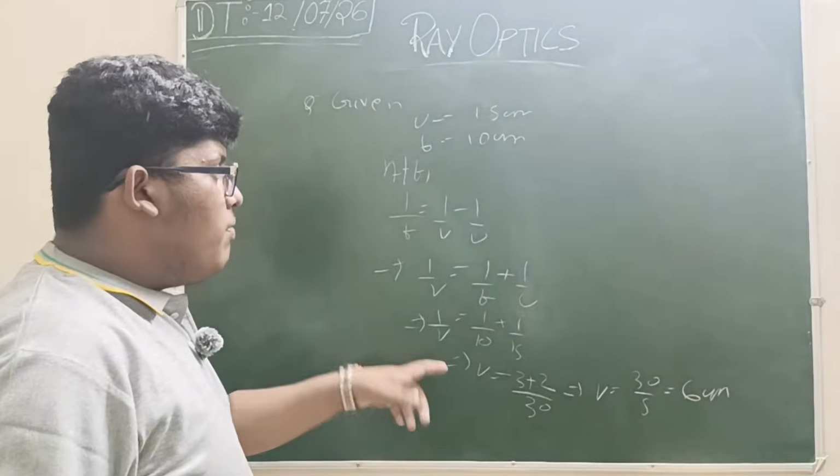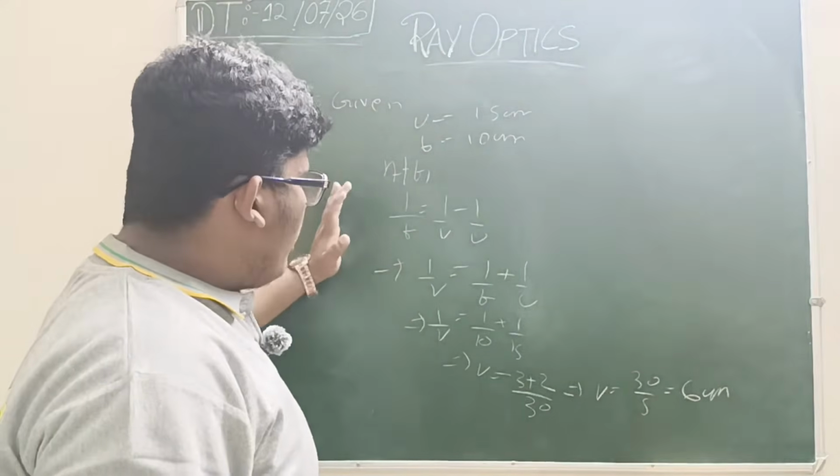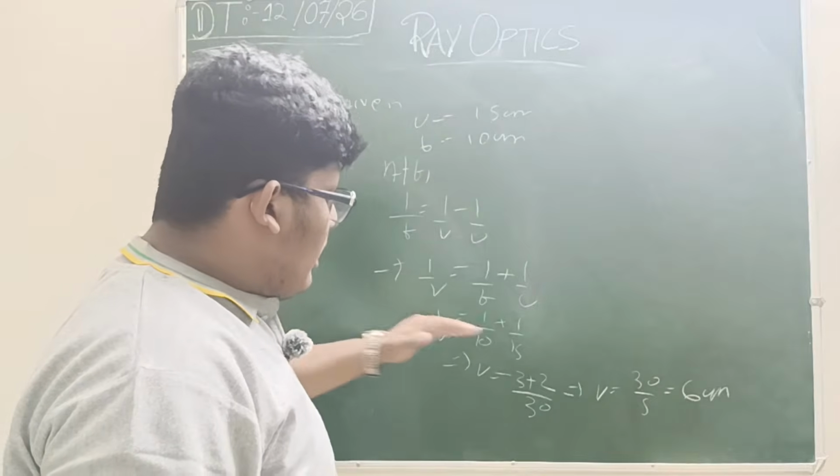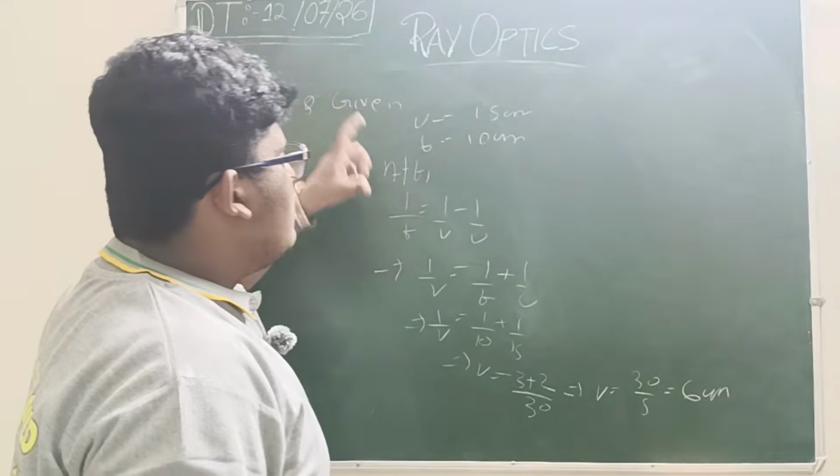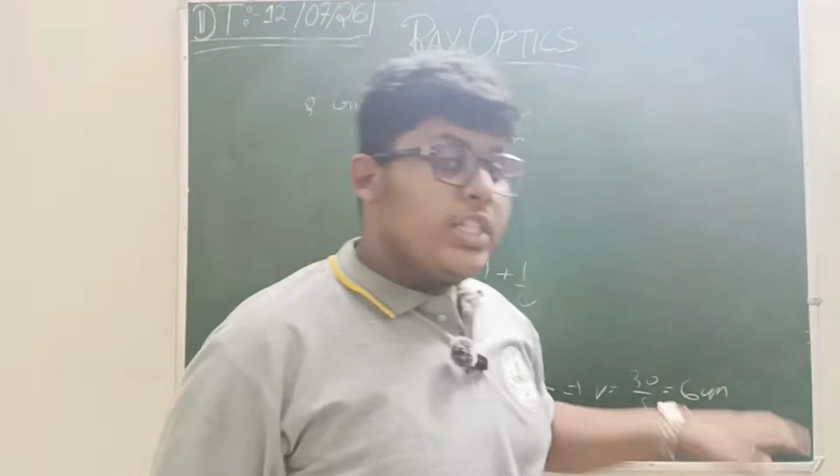By putting the lens formula, we got the image distance is 6 centimeter when the object distance was 15 and the focal length was 10 centimeter.